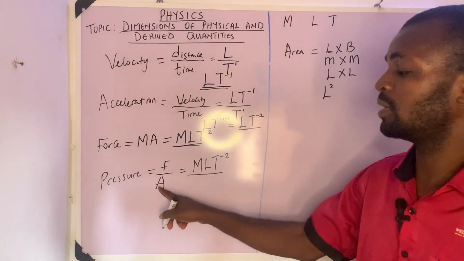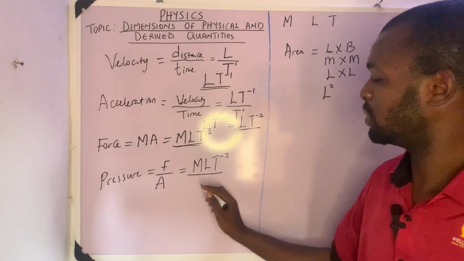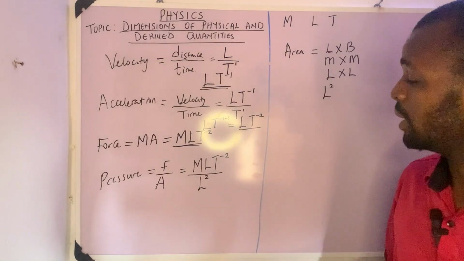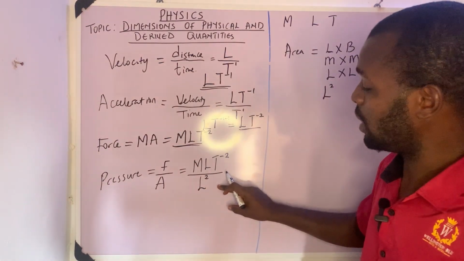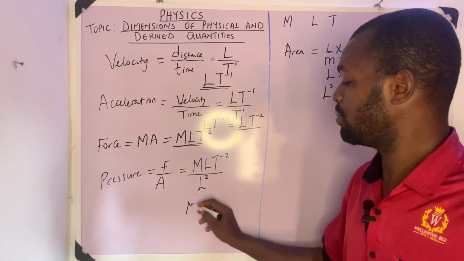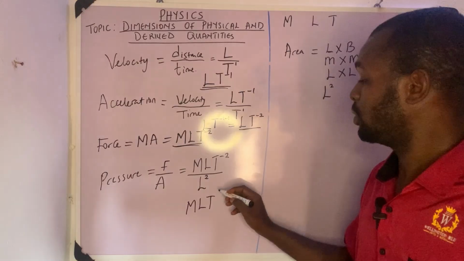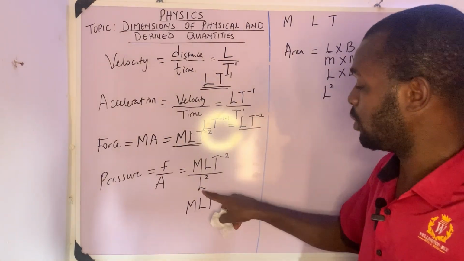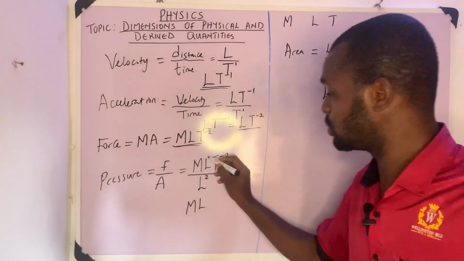So this is not acceleration, rather it is area. Now take this length squared and bring it down, so it becomes L^2. Now remember again, the rule states that nobody should be up and nobody should be down. So we bring down MLT^-2. Since there is L up and L down, we'll pick one L. Remember, law of indices. So there's one L here.